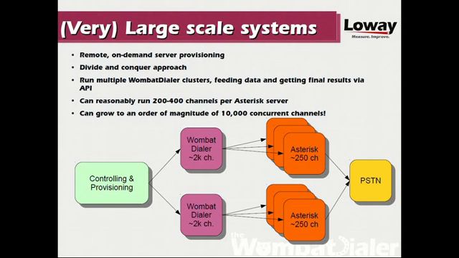Depending on the kind of dial plan you're using, it is reasonable to have Asterisk originate between 2 to 400 or 500 channels per single Asterisk instance. And you can have a Wombat drive a number of these Asterisk boxes in order to have about 2 to 3,000 channels per Wombat. And you can have multiple clusters driven by a central entity that lets you originate a lot of calls. We have been seeing systems that are scaling up to about 10,000 concurrent channels. So that's quite a lot.